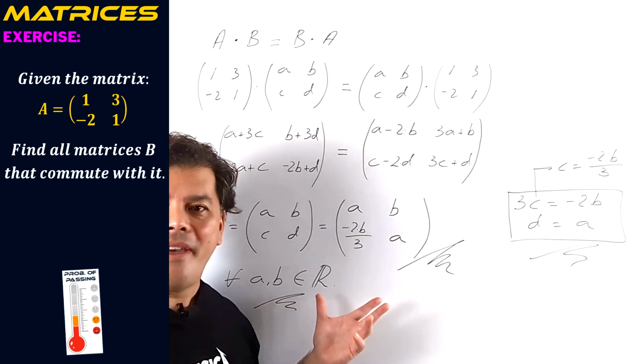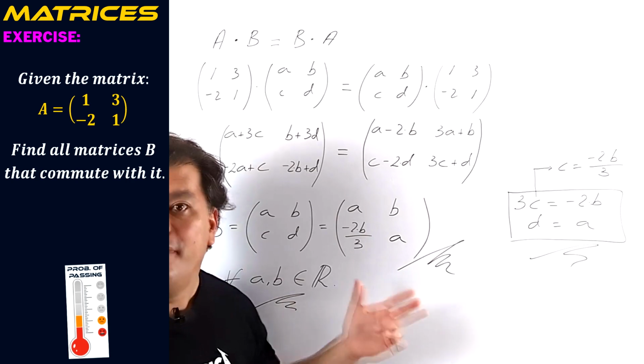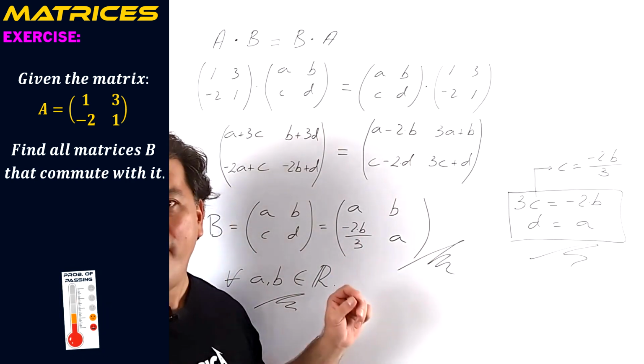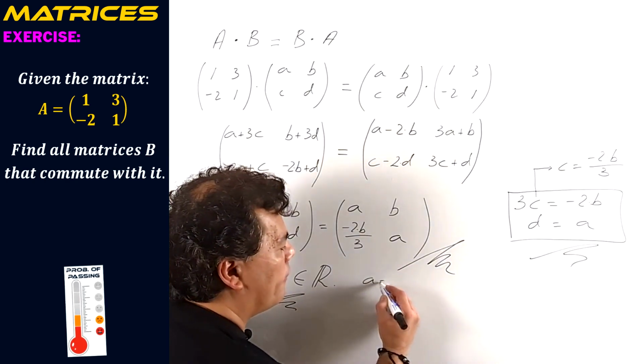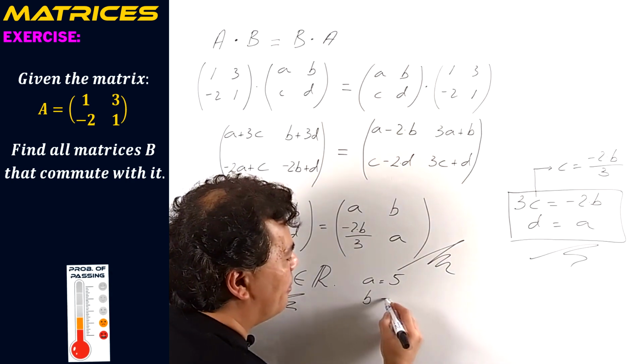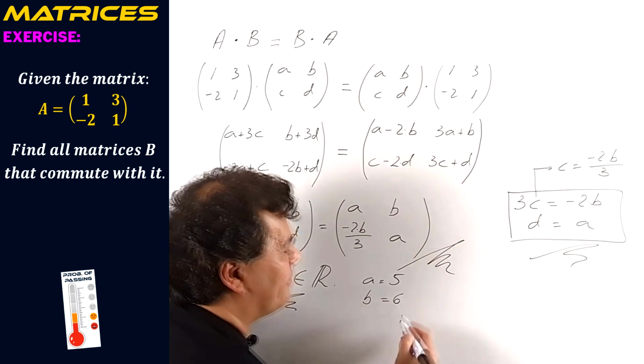We could pick two values for A and B and present the solution with a little example. For example, tell me one number for variable A, let's say 5. And tell me another number for variable B, let's say 6.